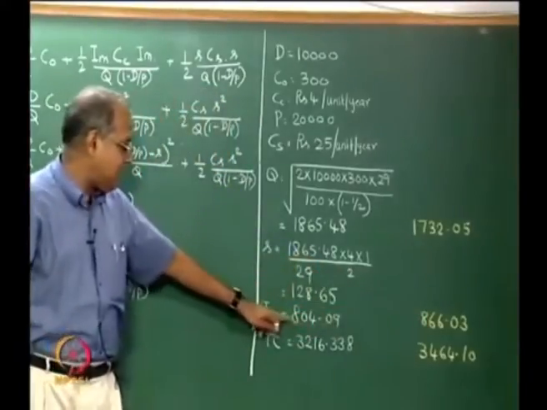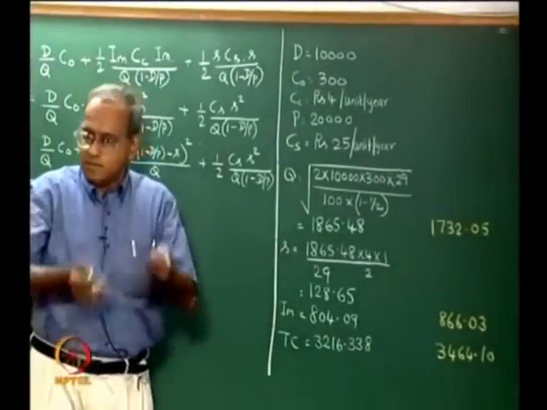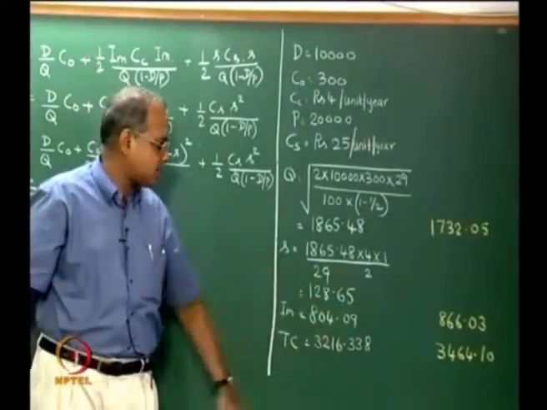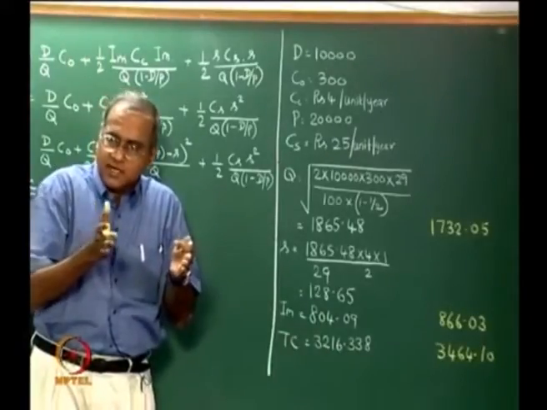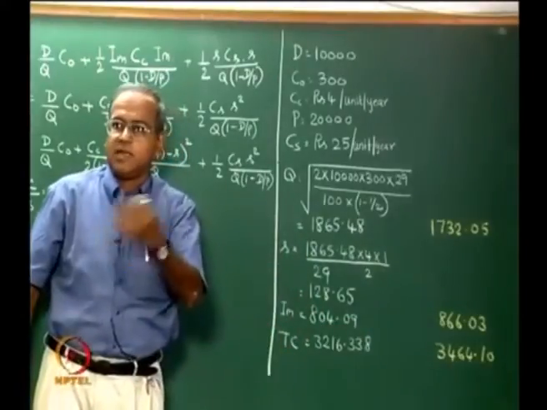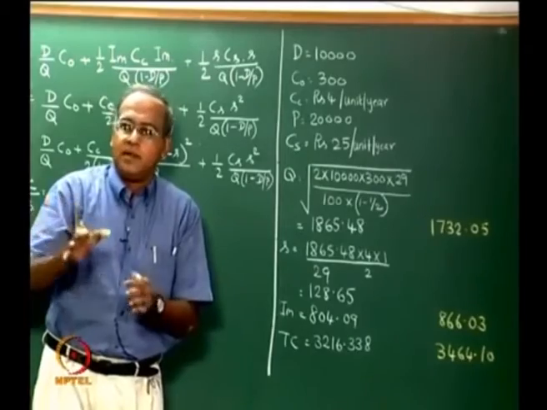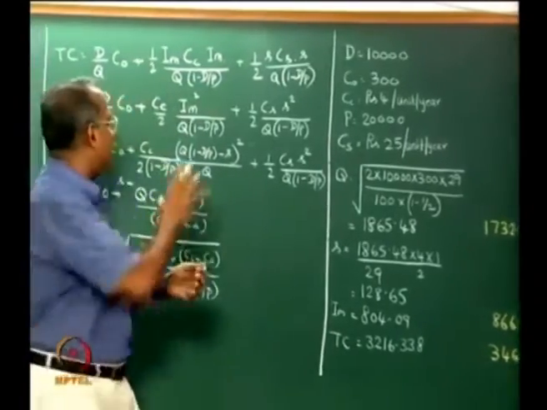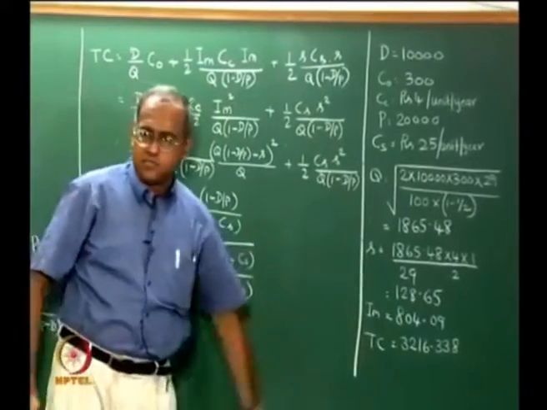The maximum inventory in the system comes down because of the back order, and the total cost comes down because this inventory is held for a slightly shorter period compared to 866.03 being held. So, inventory cost comes down, back order cost goes up, but eventually the order cost balances these two costs and the total cost comes down.